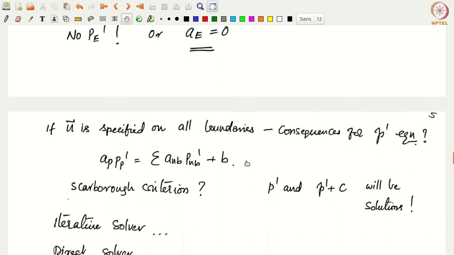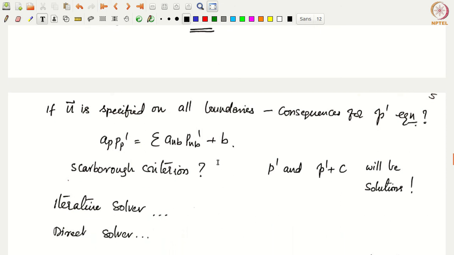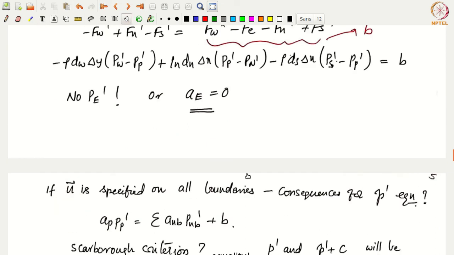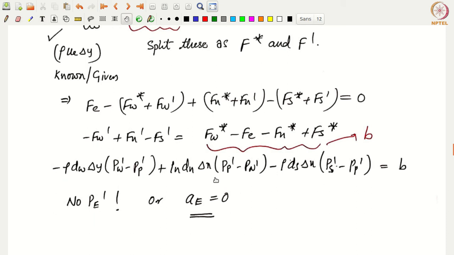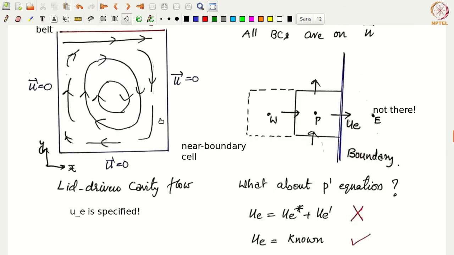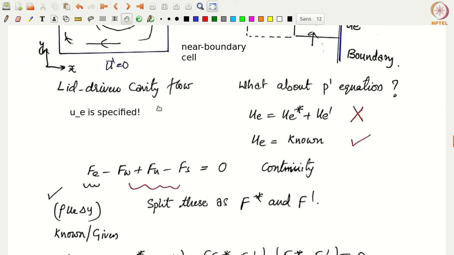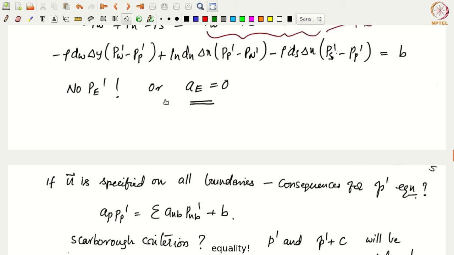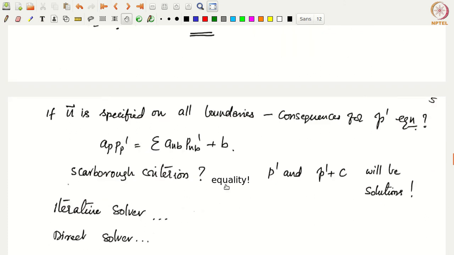So it will satisfy Scarborough criteria, but it will only satisfy in equality, okay? Because for this particular problem, every cell behaves like this. That means everywhere, all the boundaries, it will only satisfy in equality, right? Because the corresponding coefficients will be different, but that means all the cells, including the bounded cells, will only satisfy in equality. That means it will never satisfy in inequality.